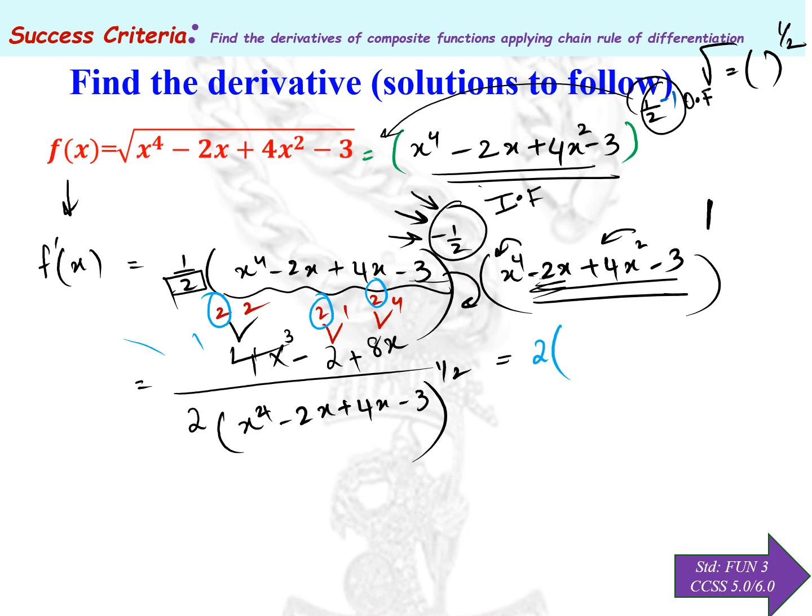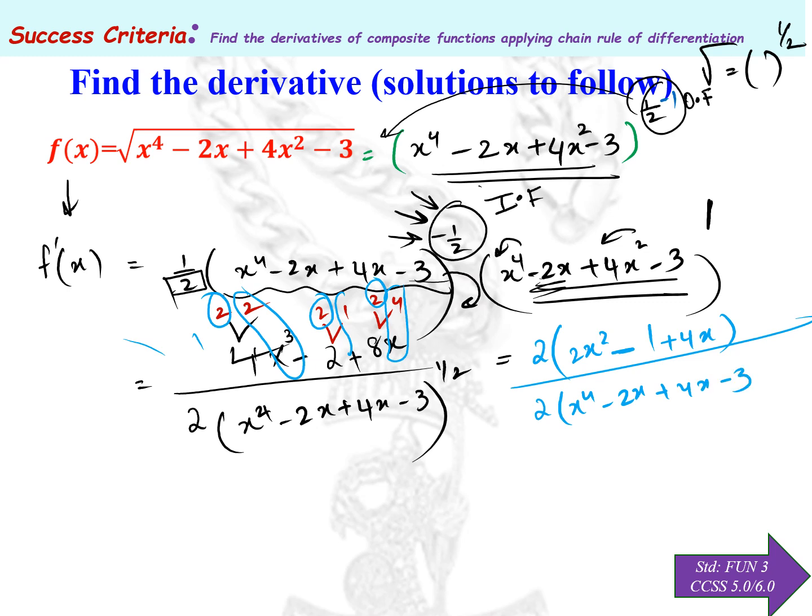Here 2x cubed is left, minus here only 1 is left, and over here 4x is left, over the denominator written as it is, or you can write it in the form of a radical. Now this 2 cancels with this 2 and that is your answer.